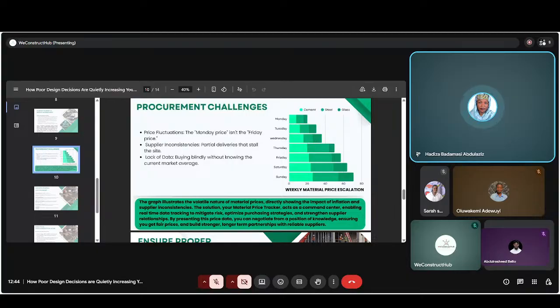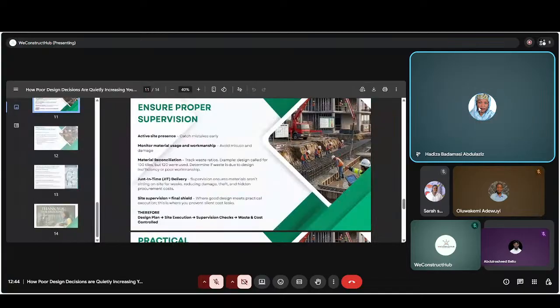So, under ensure proper supervision. Supervision is a very important aspect of your final design. Even the best design will fail without proper supervision on site. Regular supervision helps identify mistakes before escalating. Early detection prevents small errors from turning into costly rework.